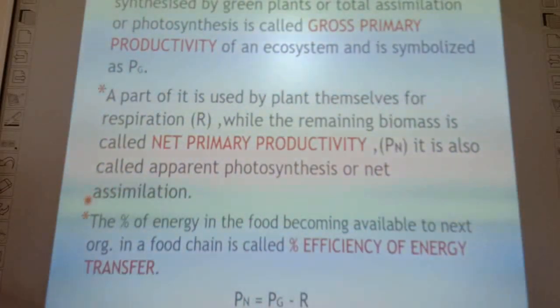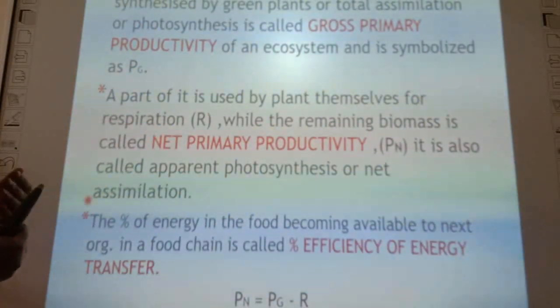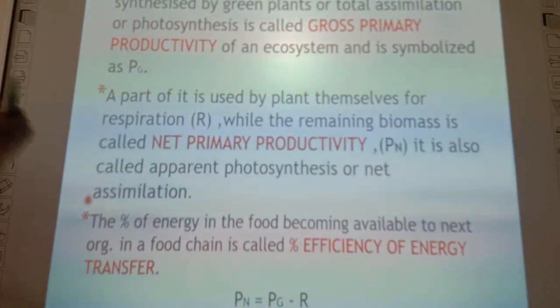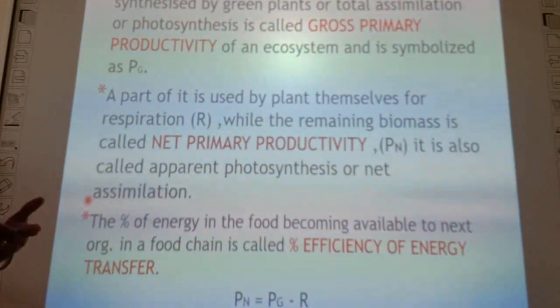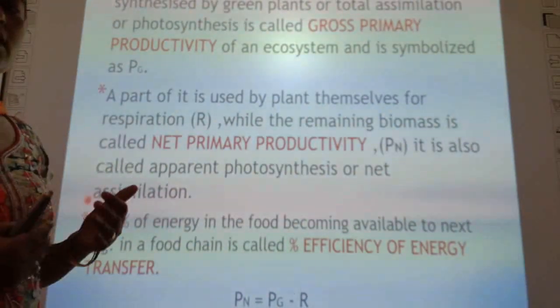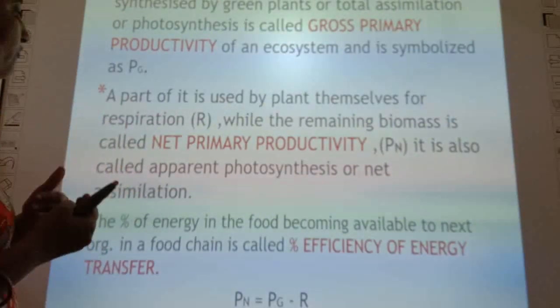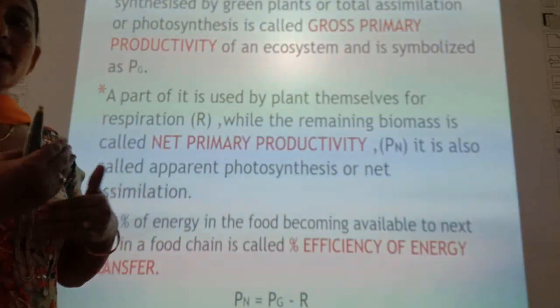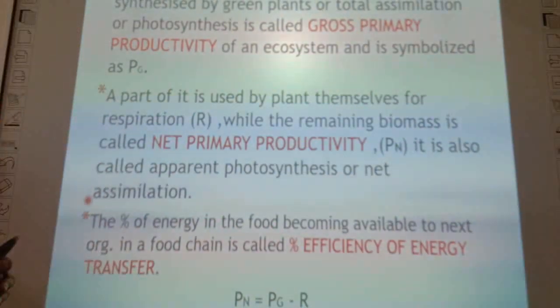As you know, all organisms respire, a process in which oxygen is consumed and carbon dioxide is evolved. But in the process of photosynthesis, carbon dioxide is used for the production of food.